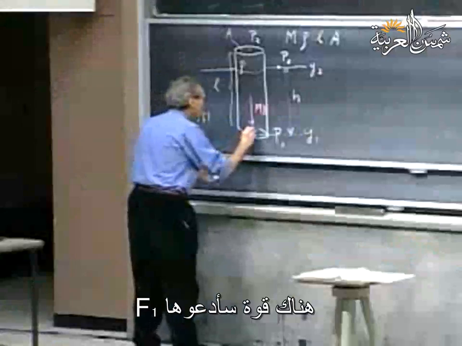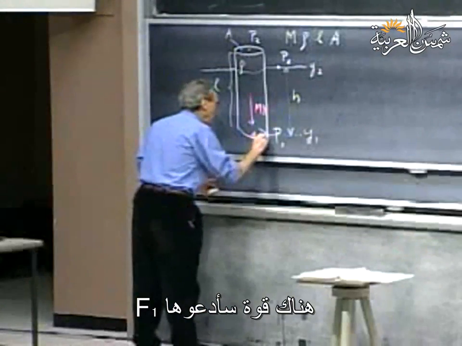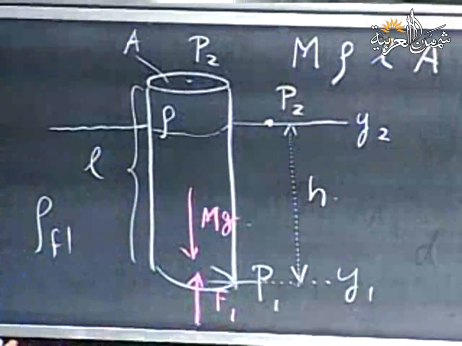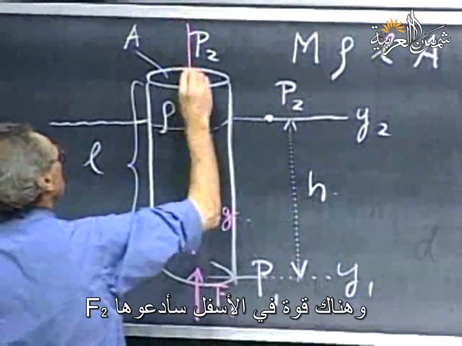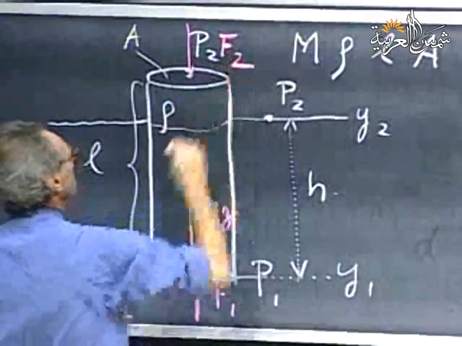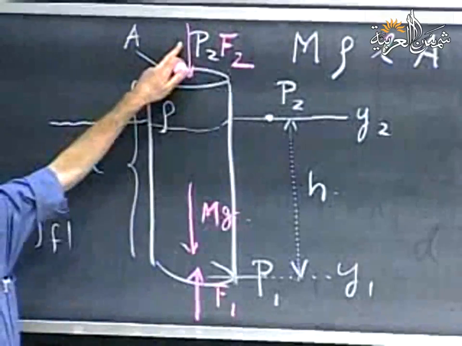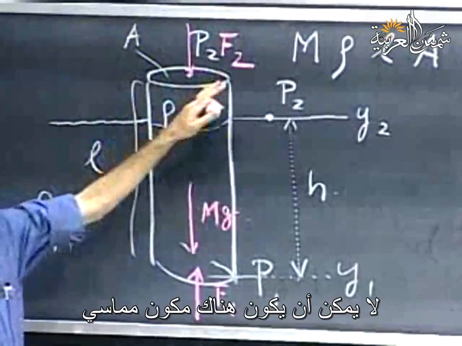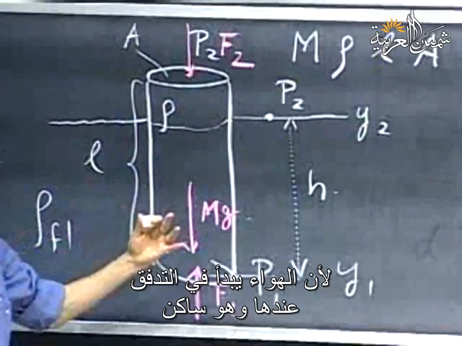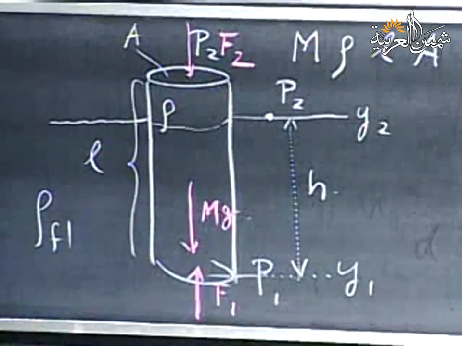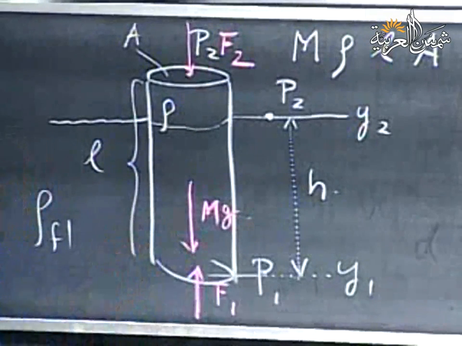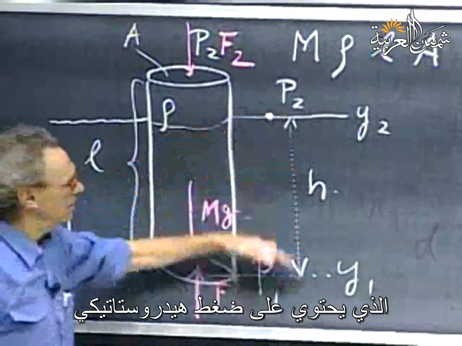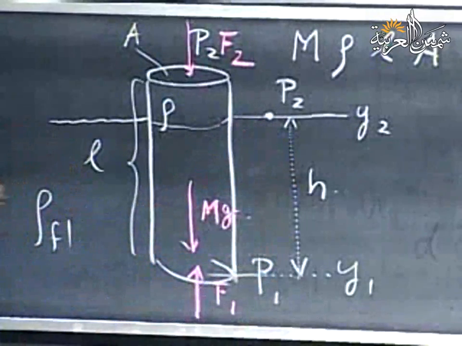There is a force up here which I call F1, and there is a force down here which I call F2. Barometric pressure. The force is always perpendicular to the surface. There couldn't be any tangential component because then the air starts to flow and it's static. And here we have F1, which contains the hydrostatic pressure.